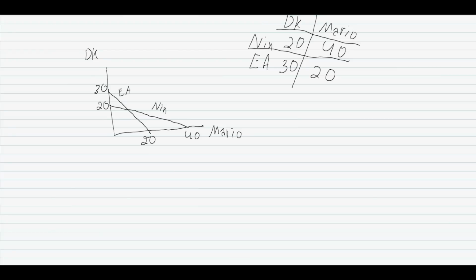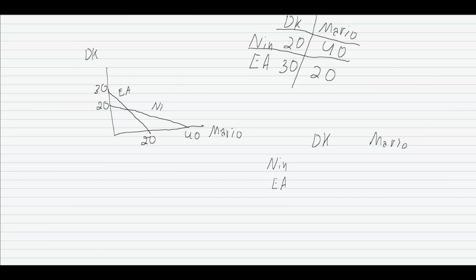So you're going to want to put this in a chart similar to what we have up there, where we have Nintendo and EA. That's a messy graph, my bad. Let's make it a nicer looking chart. Okay, so we're going to have Nintendo, EA, the Donkey Kong game, and the Mario game.